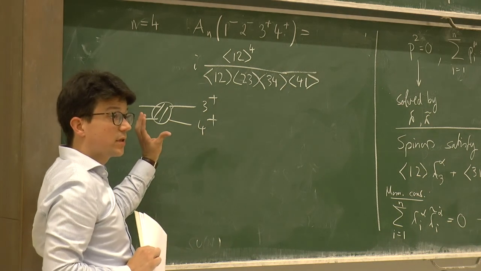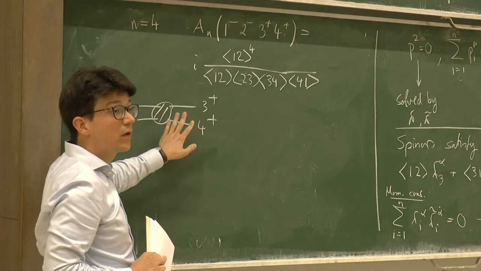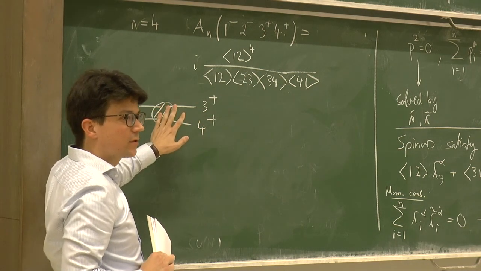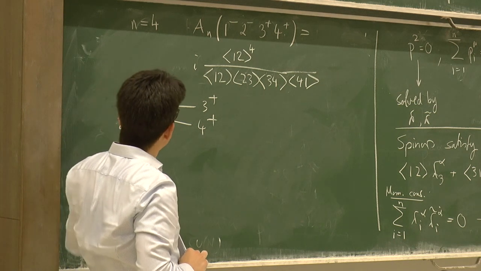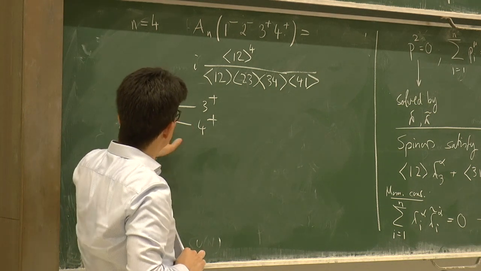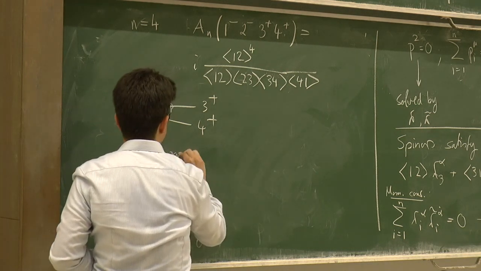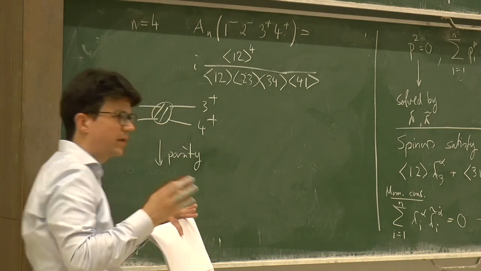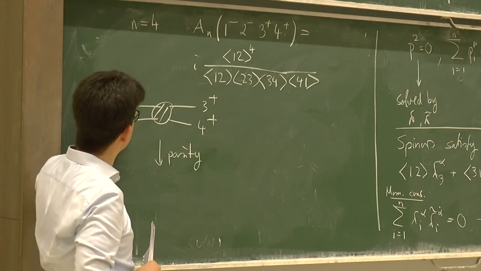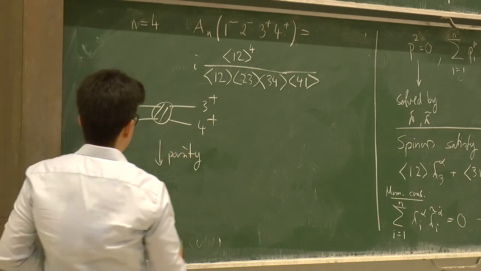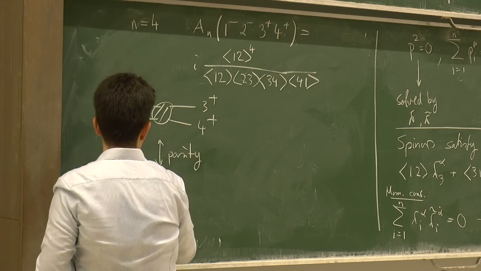Now, this amplitude should be related to the amplitude where we flip all helicities. We could just perform a parity transformation, flipping all the momenta to the negative momenta. In this way, we flip minus and plus helicities. So this should be related to the amplitude where we have 1 plus.